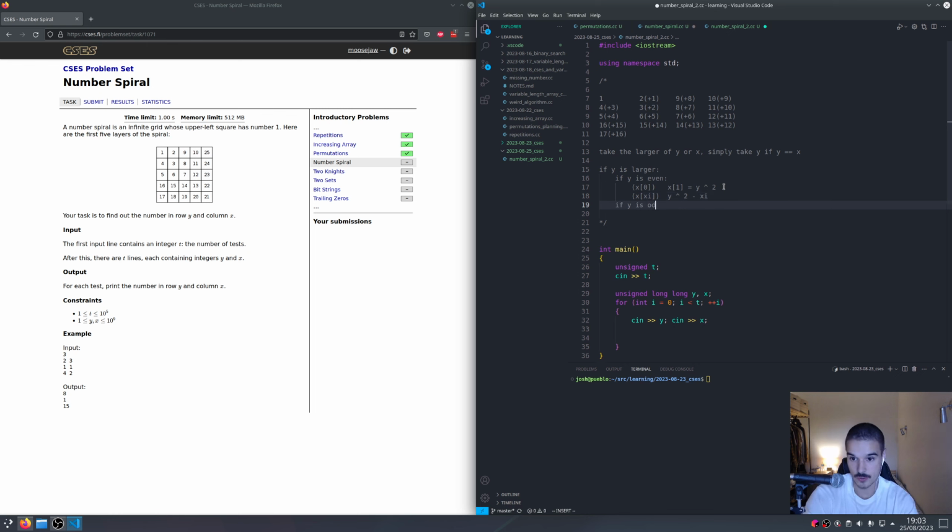If y is odd, then we know that x1, yeah, let me actually get rid of this x notation. So 1y is y squared plus 1.